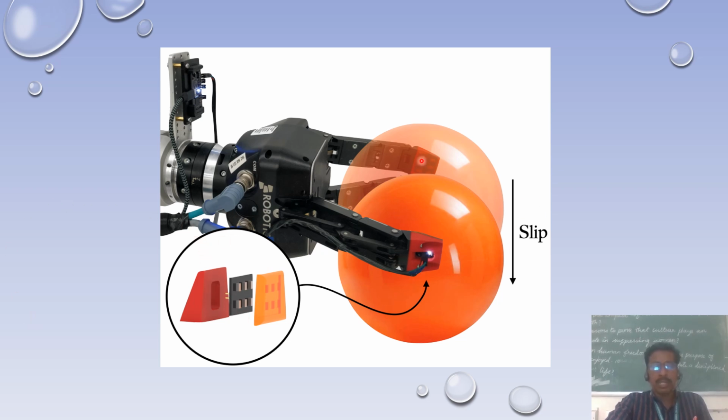This gripper senses whether the end effector is attached with the object or not. If the particular object is trying to slip from the end effector, it immediately gives an intimation to the robotic system, so that the end effector can manage the particular object.